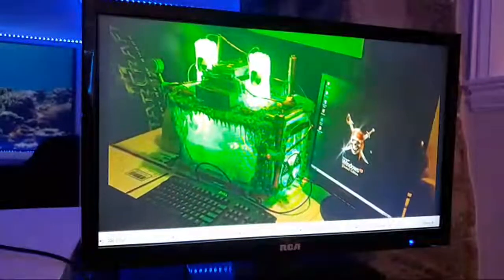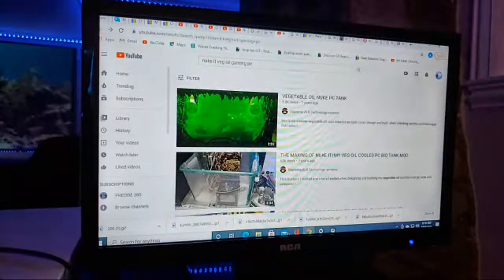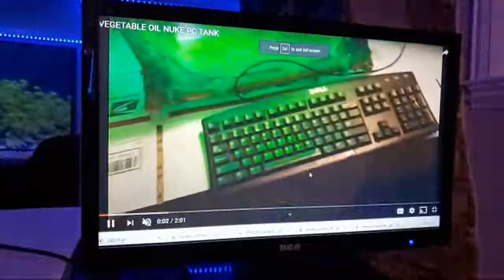Yeah, people back in the day, I used to do all this stuff, mod, build, all that crazy stuff. And there it is right there, running with no problem.